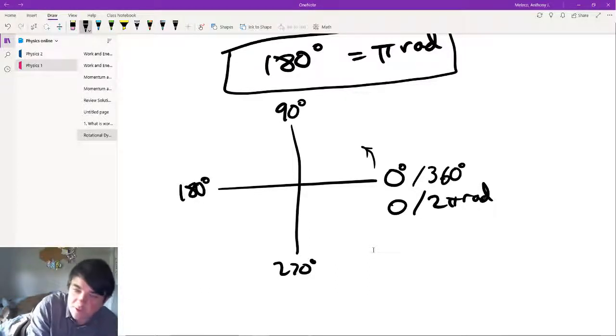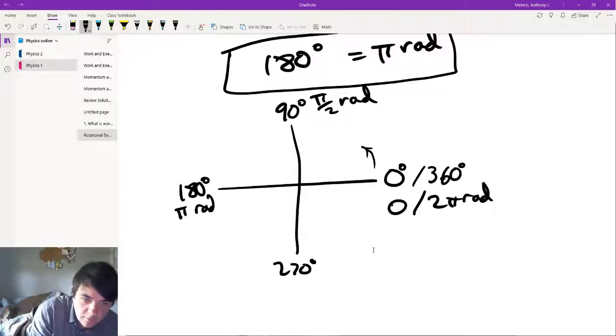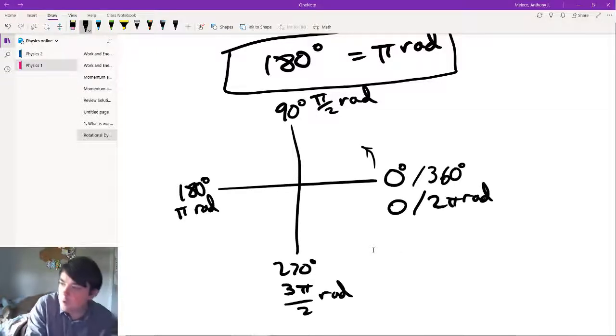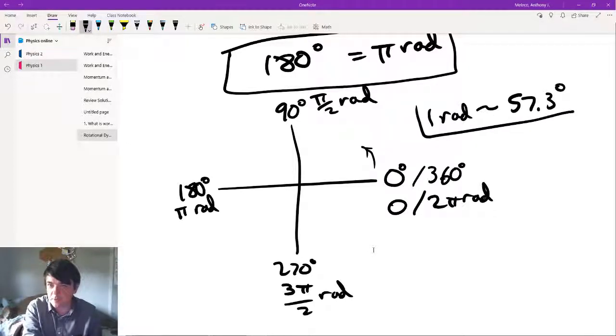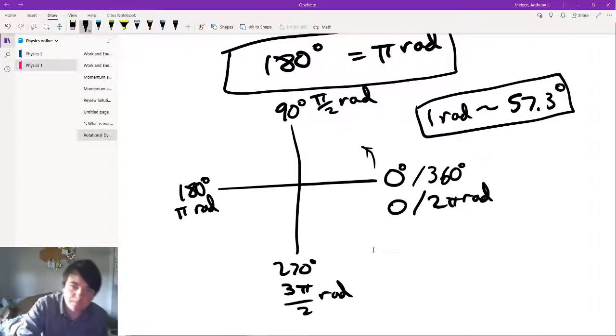This right here is pi over 2 radians, this right here is pi radians, and this is 3 pi over 2 radians. And if you want a number assigned to it, you can plug in pi: 1 rad is roughly, if you divide 180 by pi, 57.3 degrees, if that makes you happy to have a number assigned to it.